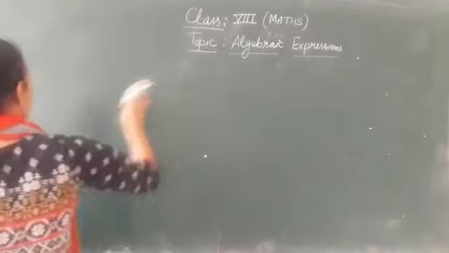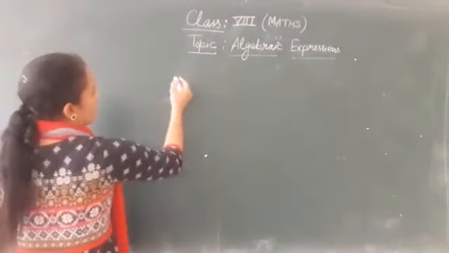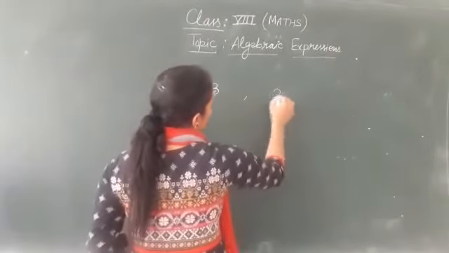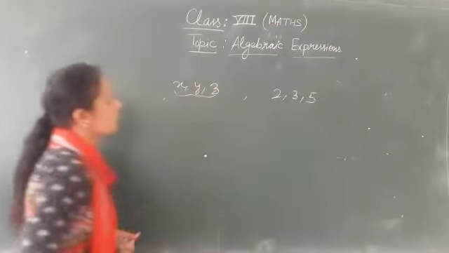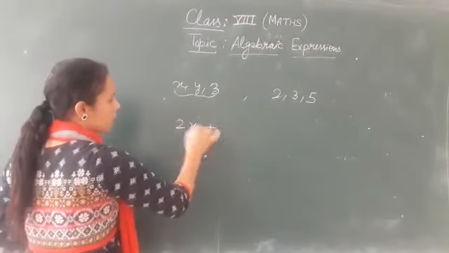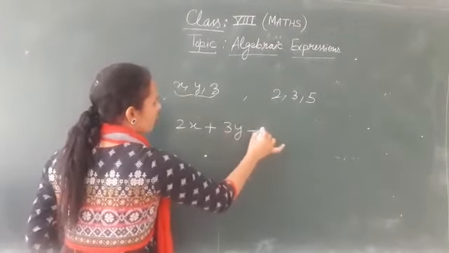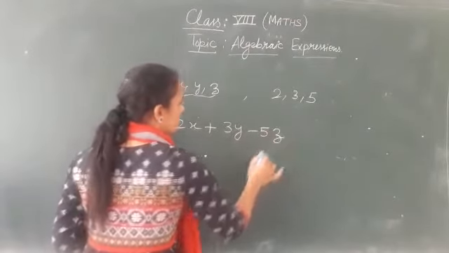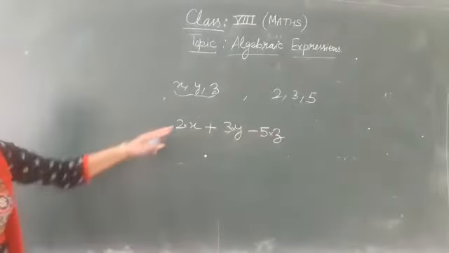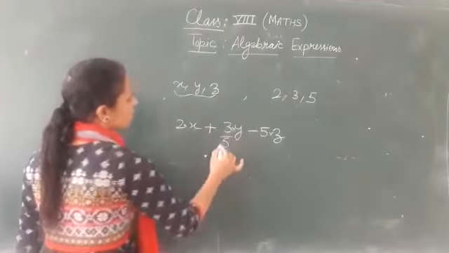Now we define an algebraic expression. When we take these constants and variables together, and make a combination of these two by fundamental signs, plus sign or minus sign, and multiplication, we have used addition, subtraction and multiplication. Division we can also apply.